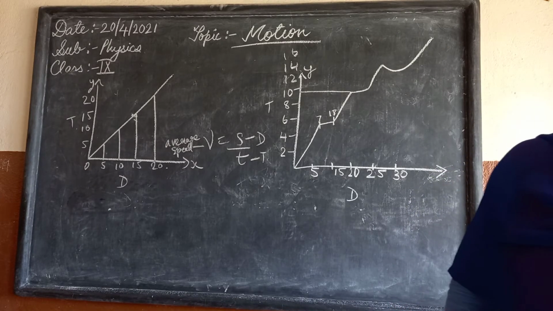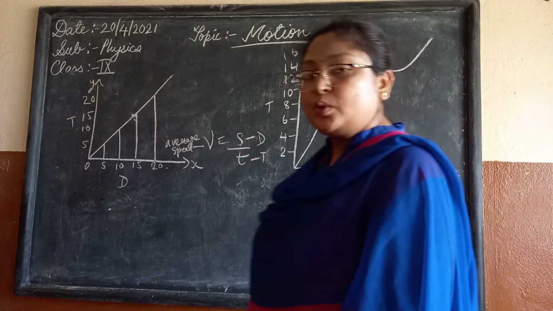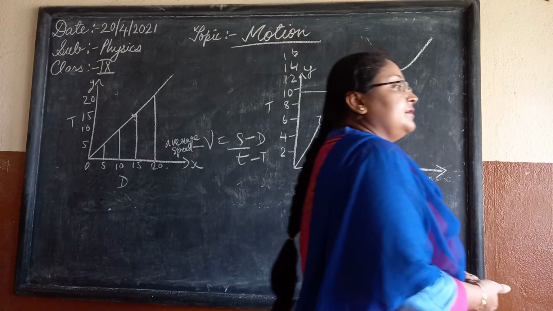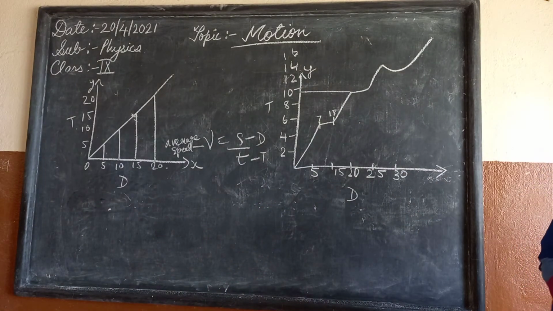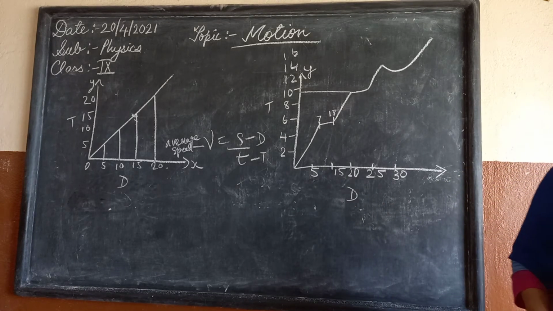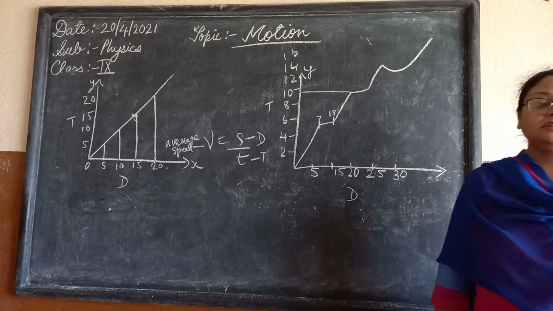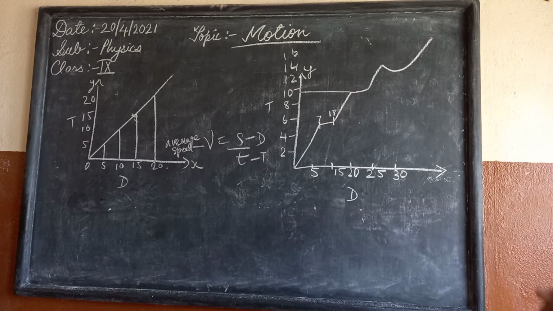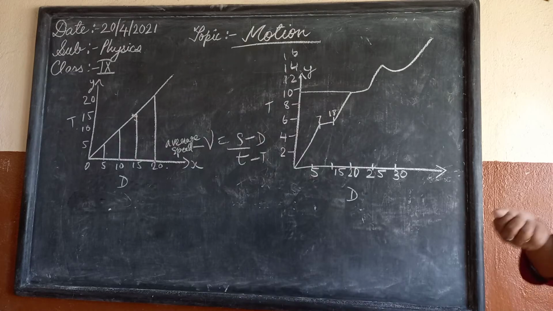Now, speed with direction. What is speed with direction? Speed is related to distance, and speed with direction means it will be a vector quantity. Why? Because it is speed with direction.